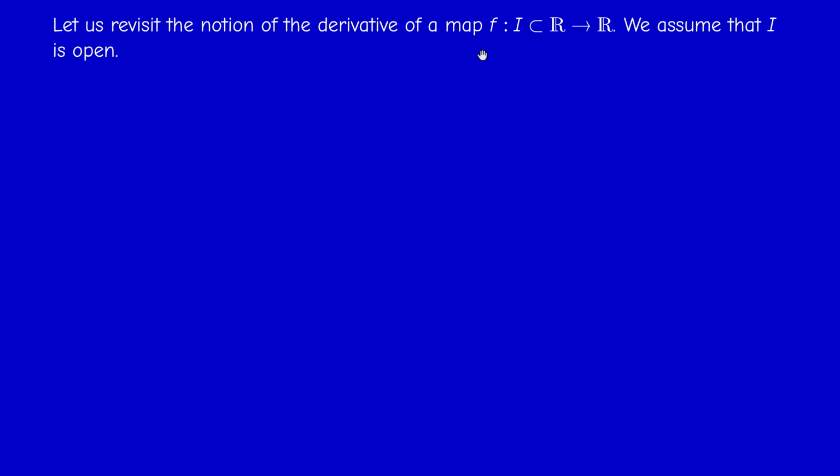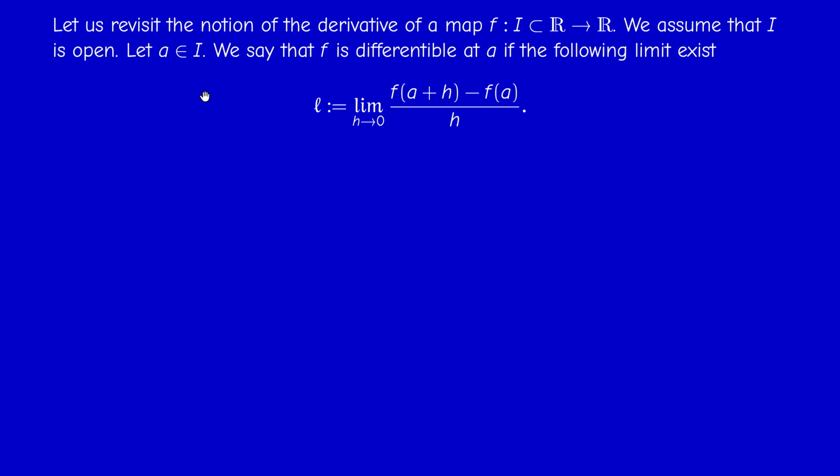We usually assume that the domain of f is open. I will tell you why in a moment. So consider a point a in the domain of f. We say that f is differentiable at a if this ratio, f of a plus h minus f of a, divided by h, has a limit as h tends to 0.